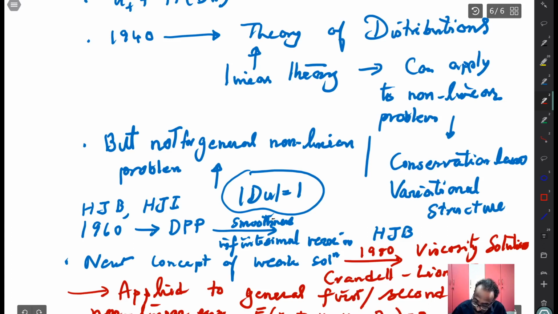You can add a term like D squared u if you want, so first and second order. It is not classical, but some continuous function. How do you interpret a continuous function as a solution to such nonlinear equations? And it should be stable: a small disturbance should not affect it.